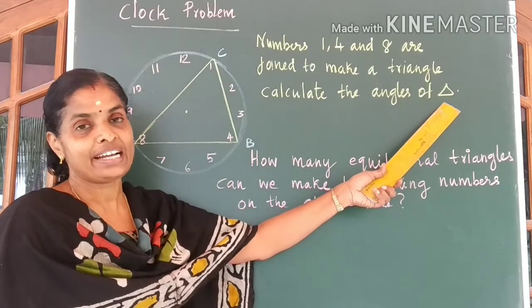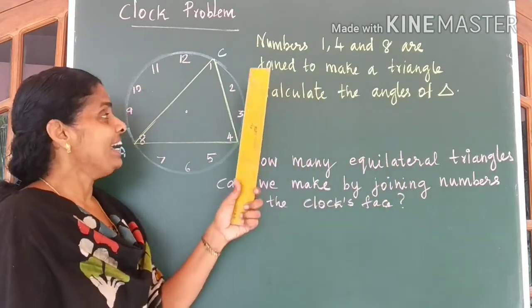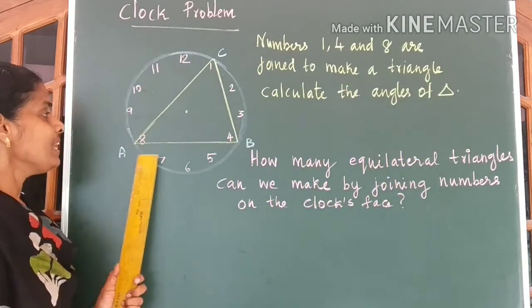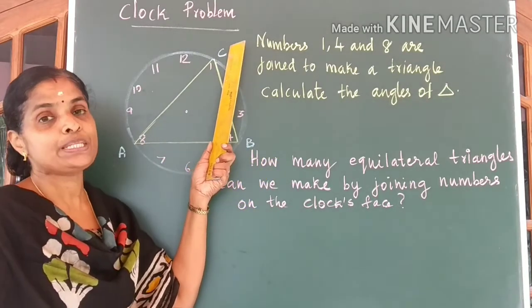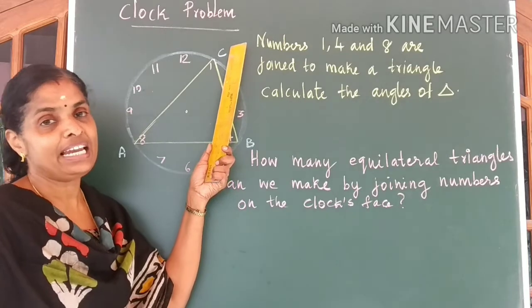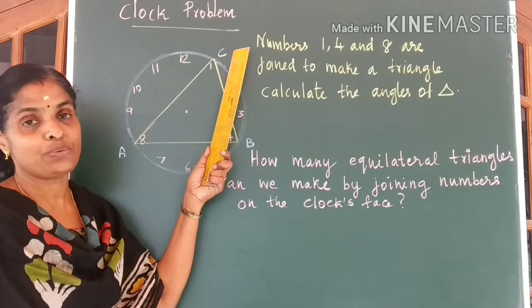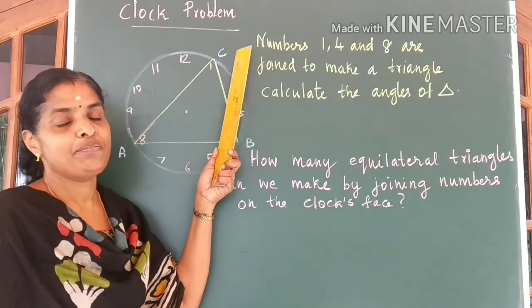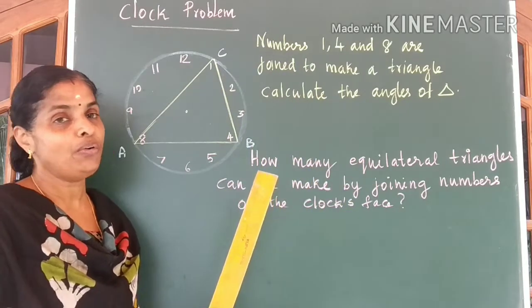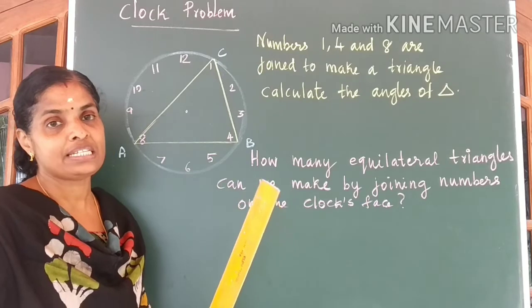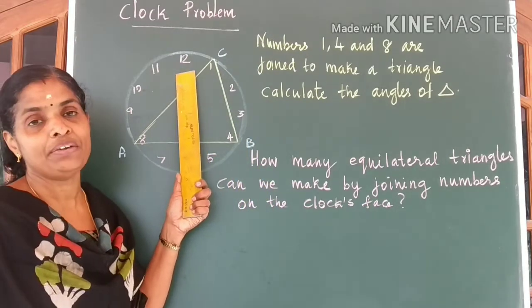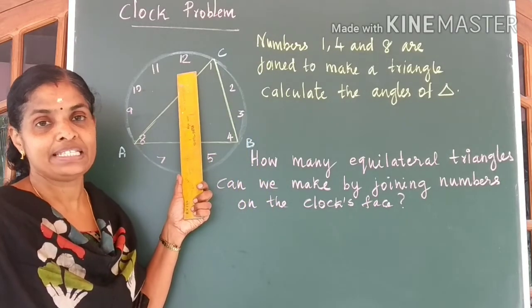To find the angles of the triangle, I have named the triangle as ABC. Now, we use the idea of central angles to answer this question. Now children, first of all, you should know a clock is a circle in which 12 equal divisions are made, isn't it?